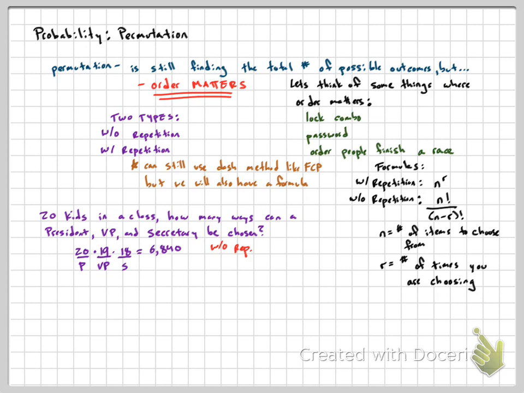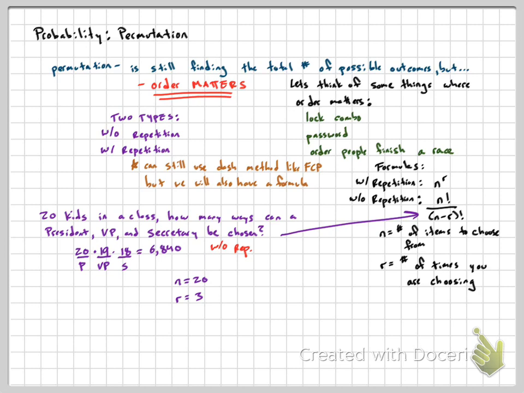Now, let's think of this as using the permutation formula. So we're going to be using this one here because that's our formula for without repetition. So N, again, is the number of items to choose from. So we have 20 students to choose from, and R is 3 because R is the number of times you are choosing.